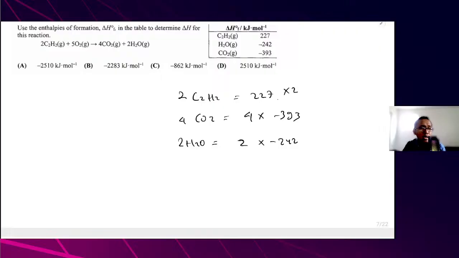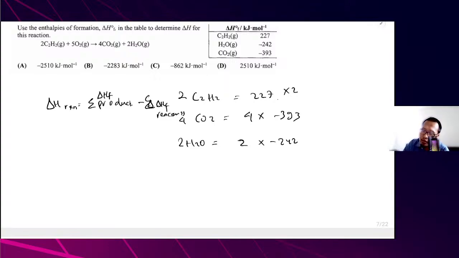So how to do that is very easy. Just use delta H reaction, the standard enthalpy of reaction: delta H products minus delta H reactants.